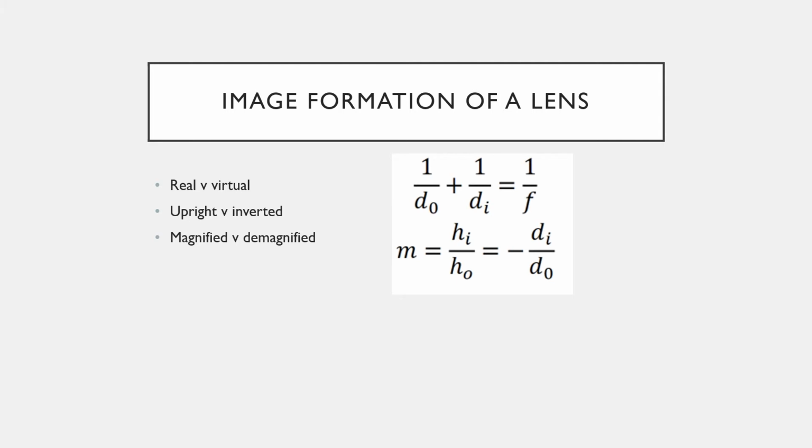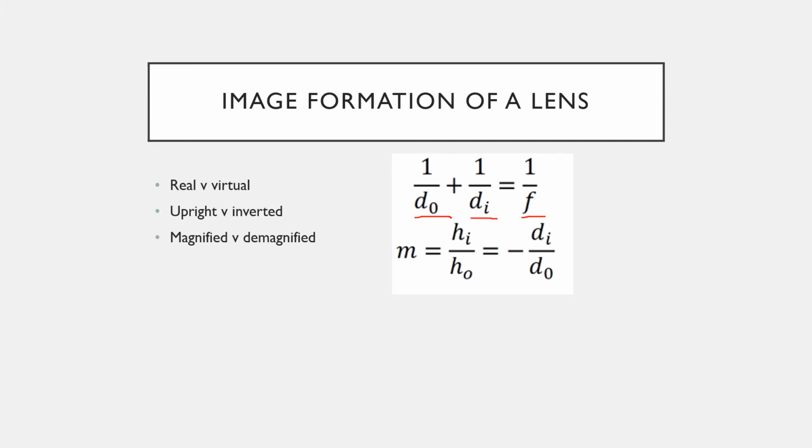Really quickly, for image formation by a lens, there are two equations that we use. The first one is 1 over d_o plus 1 over d_i equals 1 over f. d_o is the distance to your object, d_i is the distance to the image formed by the lens, and as we've already seen, the lowercase f represents the focal length of that lens.